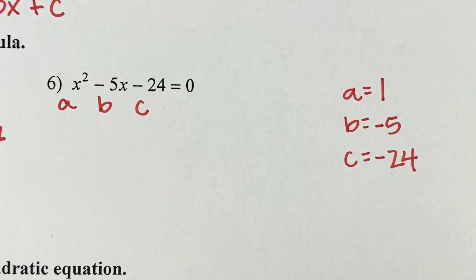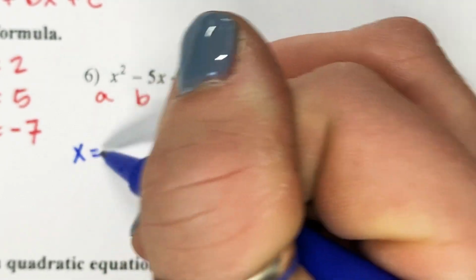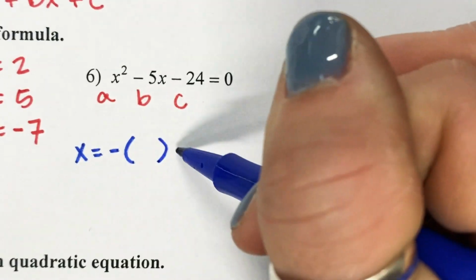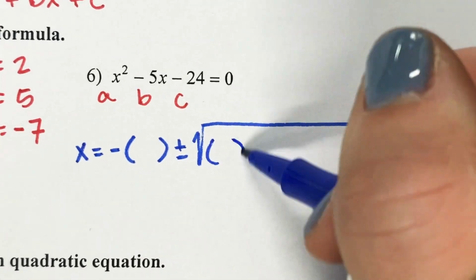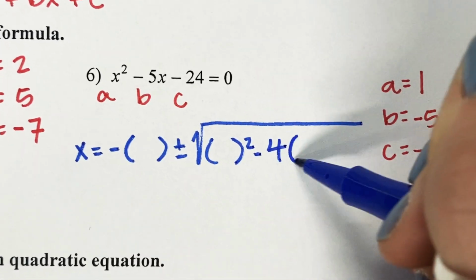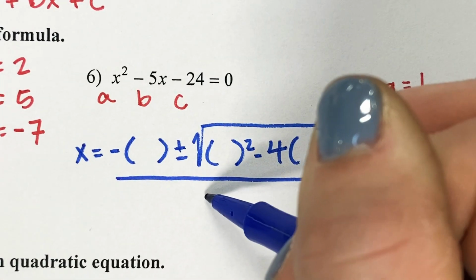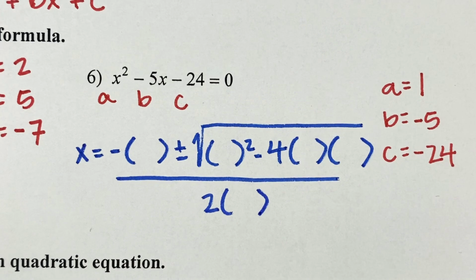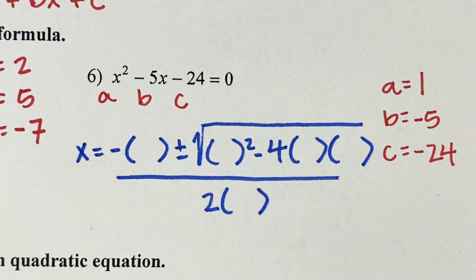Well now that we know our A's, our B's, and our C's, we can rewrite our quadratic formula. So I have x is equal to negative b plus or minus the square root of b squared minus 4 times a times c all over 2 times a. And now let's just fill in those spaces.